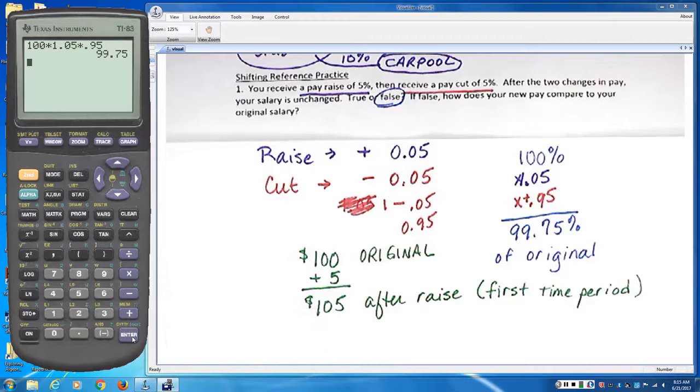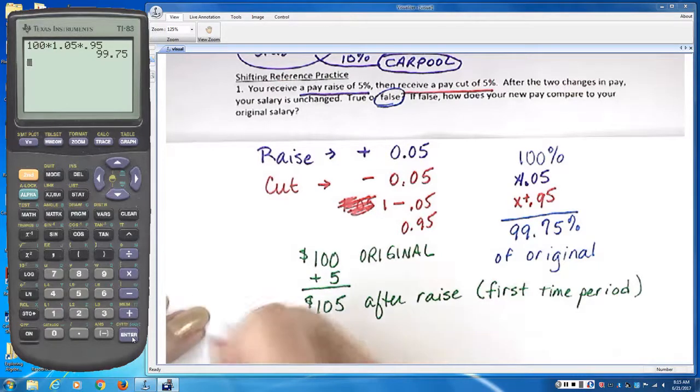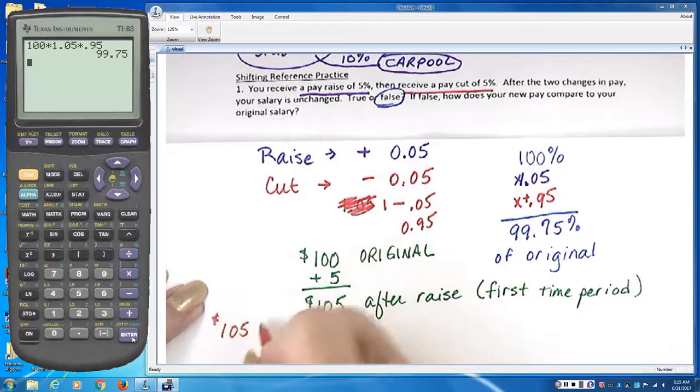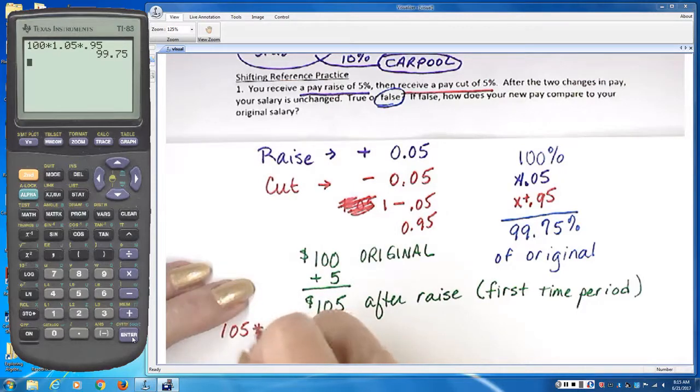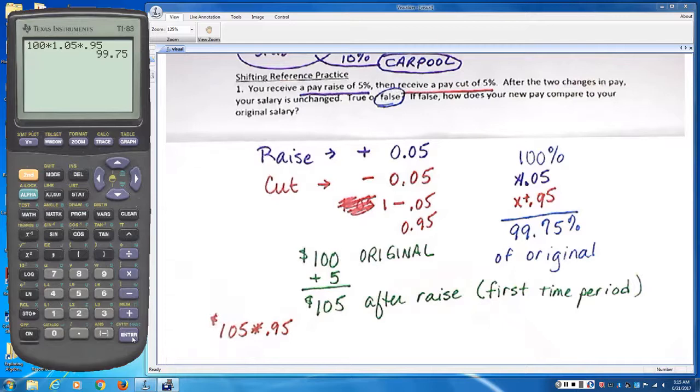So my pay cut looks like this. So at that point, I'm going to make $105 times 0.95, which means I'm going to make $99.75.